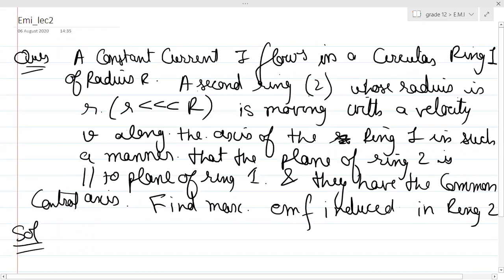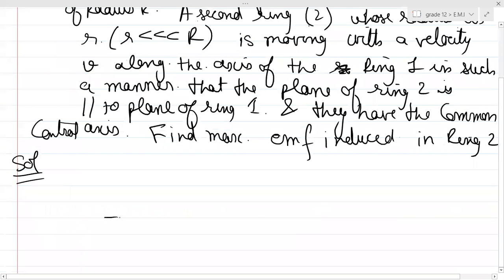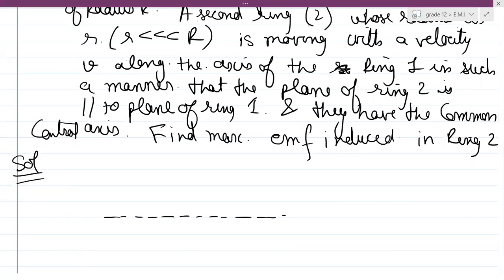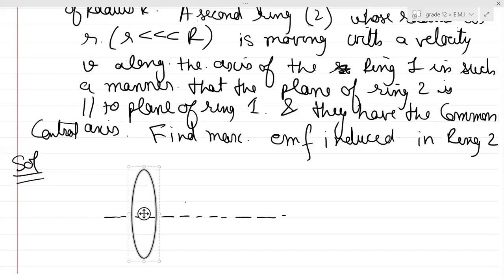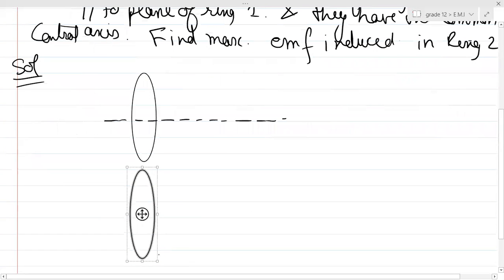So the question is something like this. Suppose this is the axis of the two rings, so basically this is your ring 1, and this is ring 2.